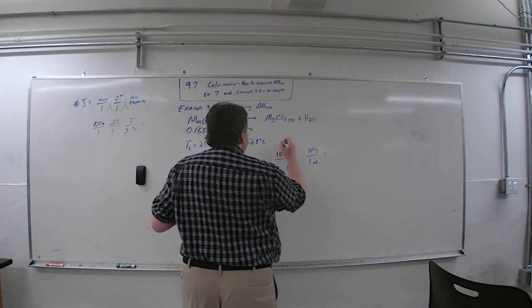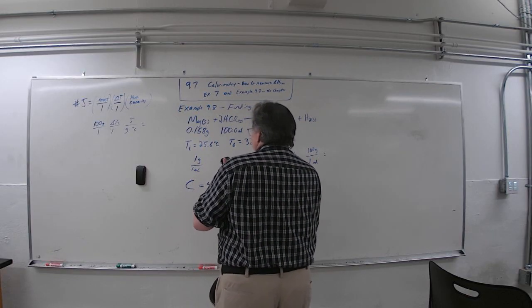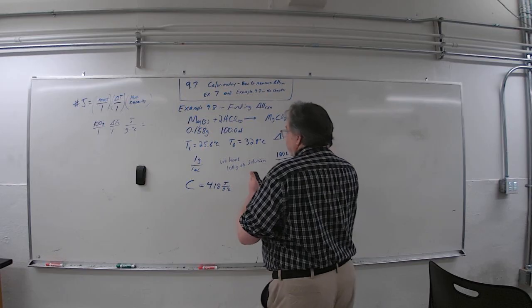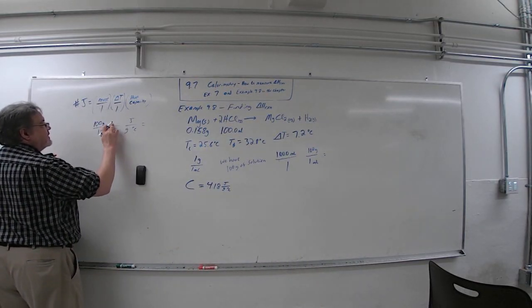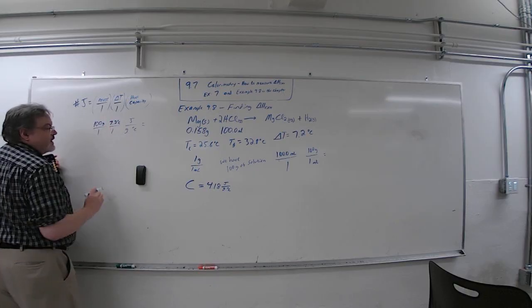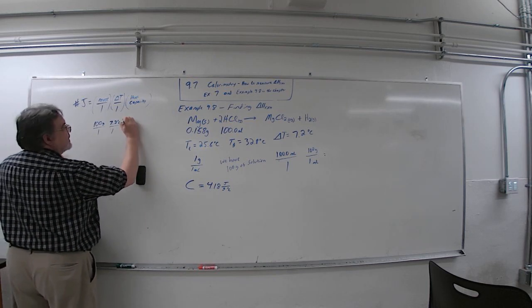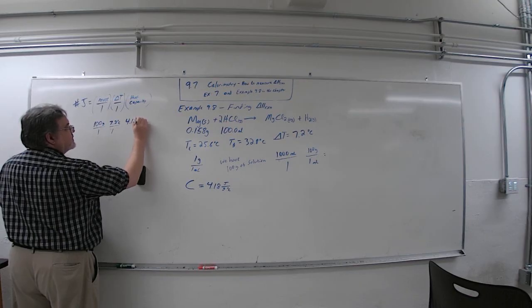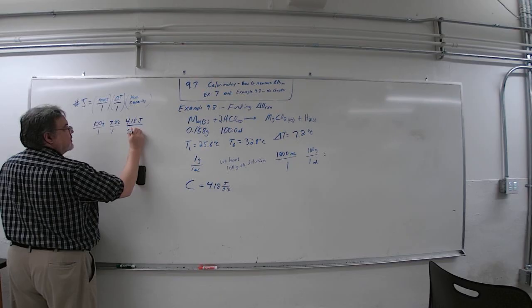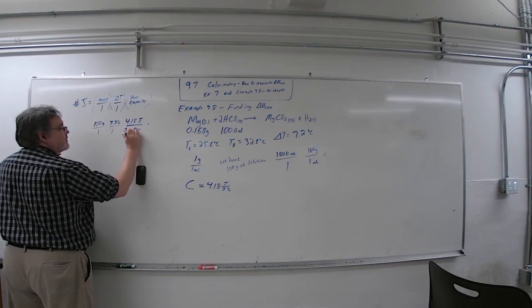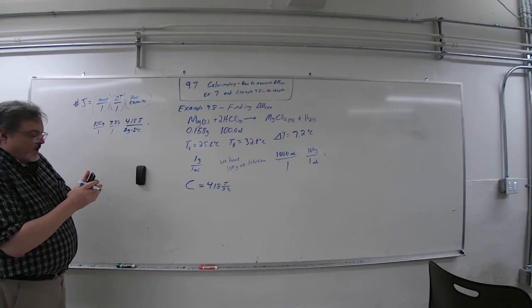Our delta T here is final minus initial, 32.8 minus 25.6, 7.2 degrees C. And they told us to use this for the heat capacity of the solution, 4.18 joules per gram, 1 gram, 1 degree C. All right, so what do we get here?